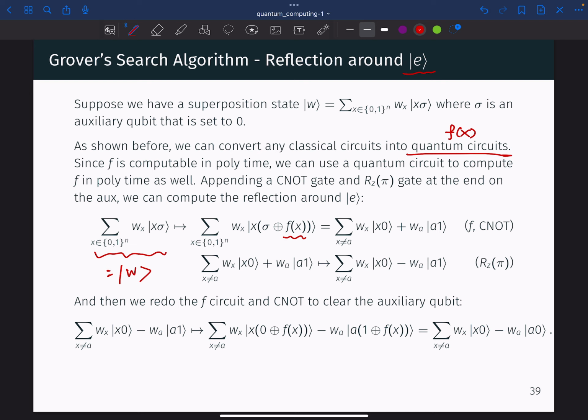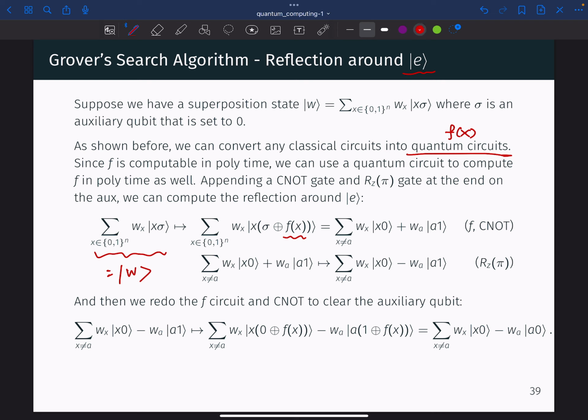And notice that we can decompose this sum into two. This is effectively what we mean by trying all inputs. If you have a superposition over all the possible inputs, then performing this step is equivalent to trying all inputs. You can decompose this sum into two parts.